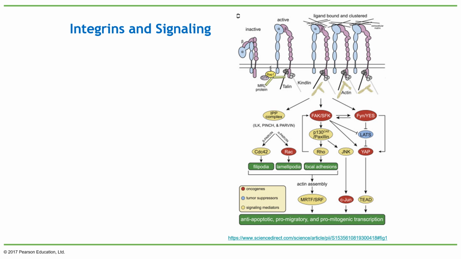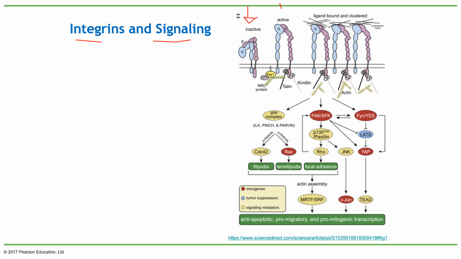Okay, why do I give you all this long introduction about focal adhesion and integrins? Because I wanted you to remember that integrins are involved in a lot of cell signaling. So here you can see the inactive form of the integrin.